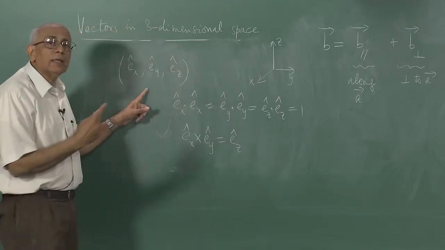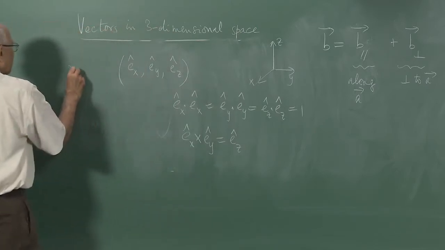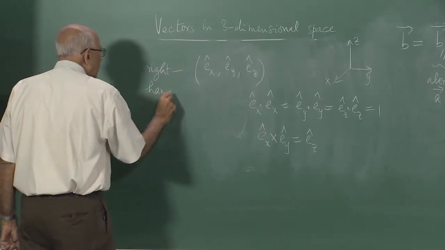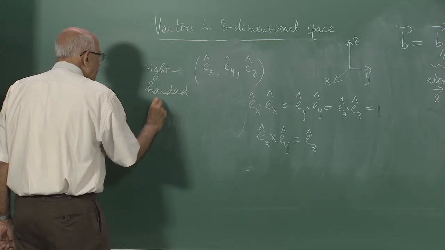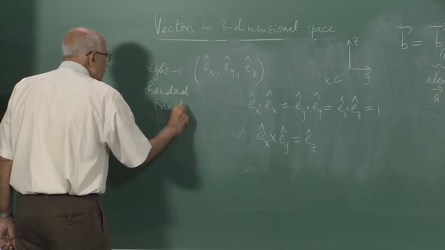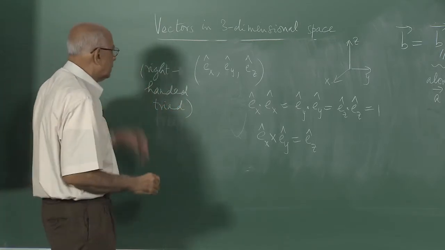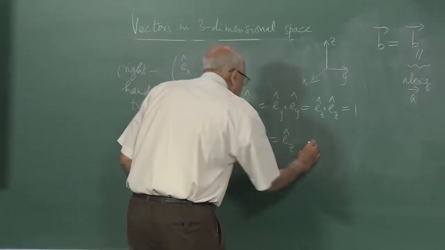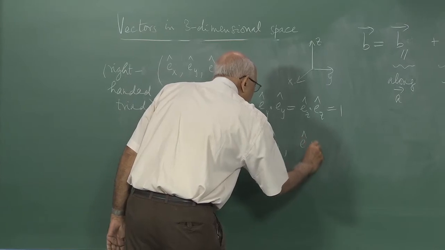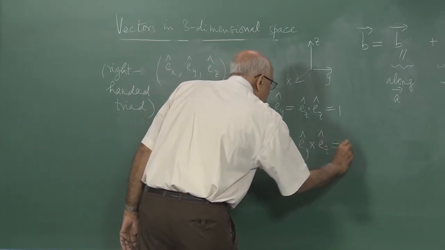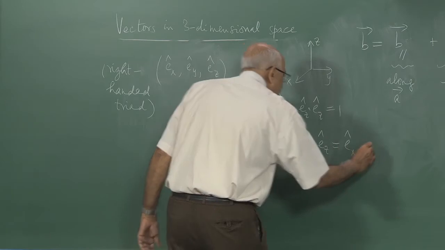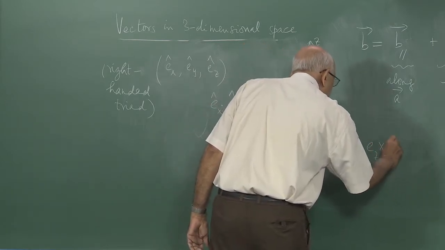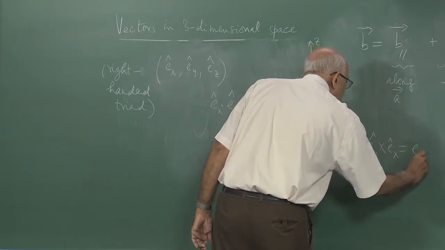This forms a right-handed triad of unit vectors, and so on. In cyclic permutation, Ey cross Ez equal to Ex and Ez cross Ex equal to Ey.